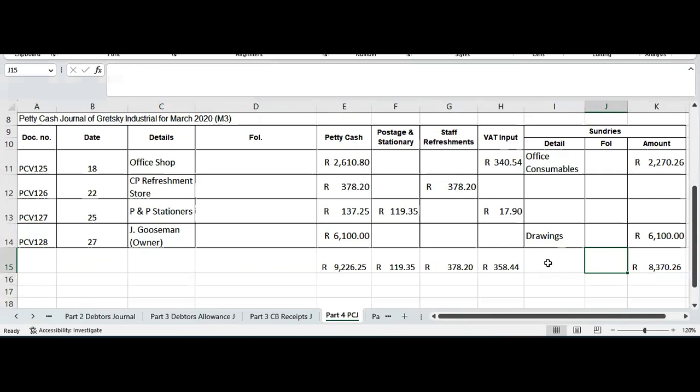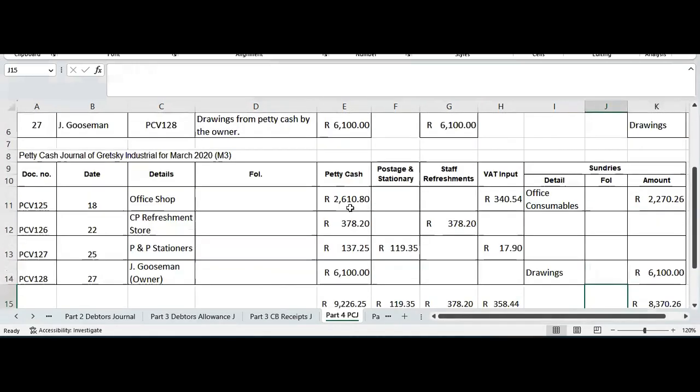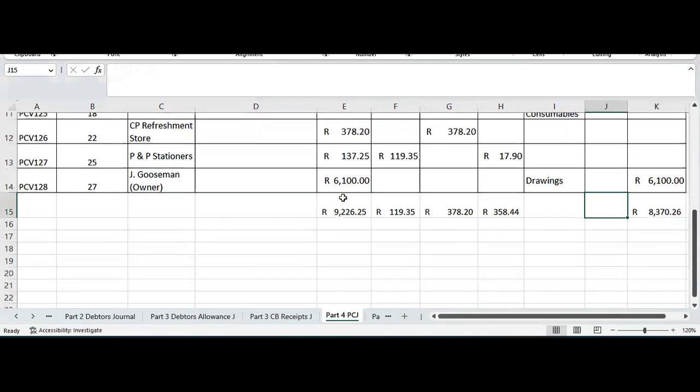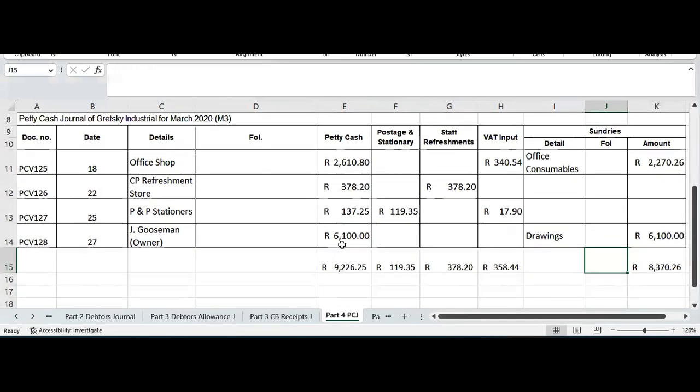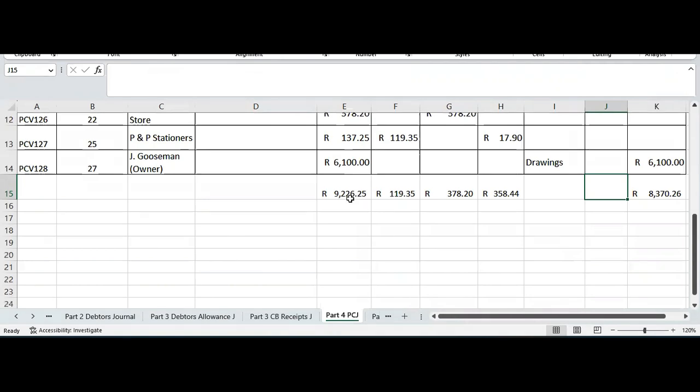Okay. So what do we do? This petty cash, okay, so it is money here that is leaving petty cash, which is a current asset. And we know that our assets increase on the debit side and decrease on the credit side.